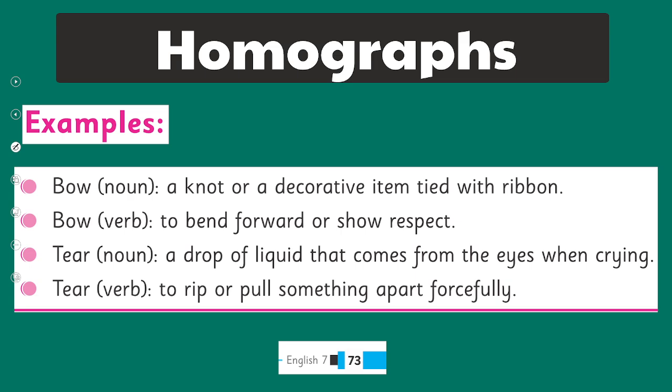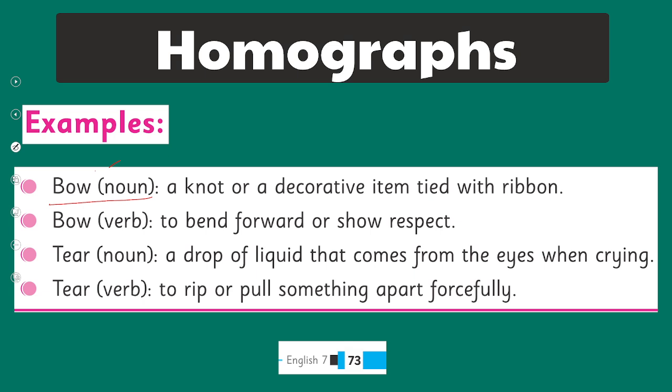Now students, when we are talking about the parts of speech, the classification of the word, they can also differ in the homographs. First we have an example of bow.